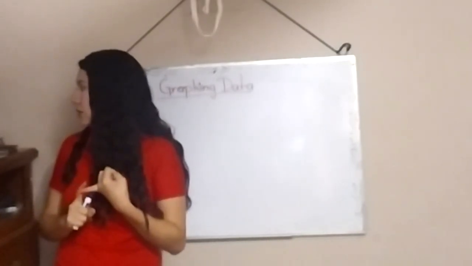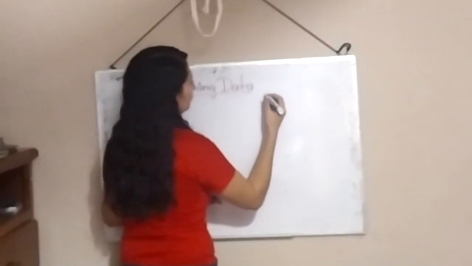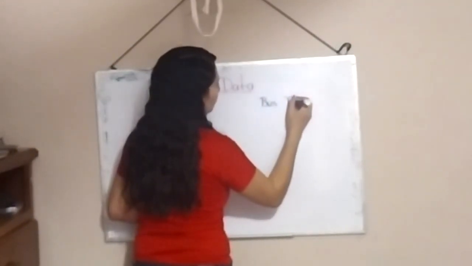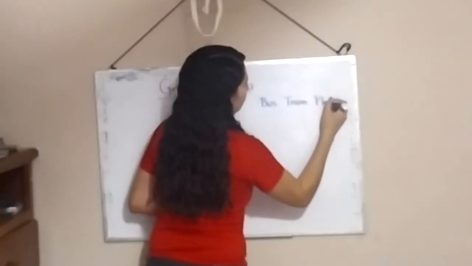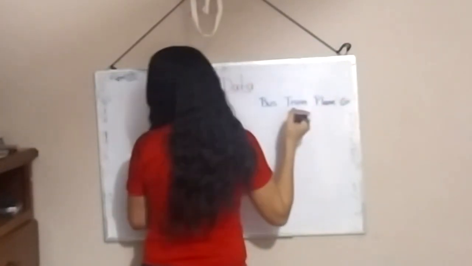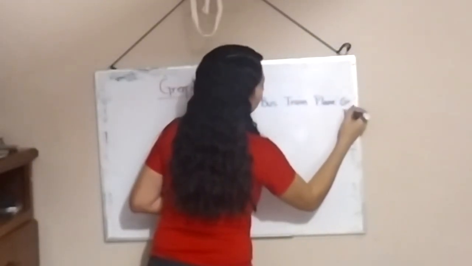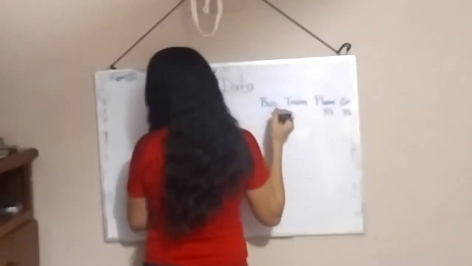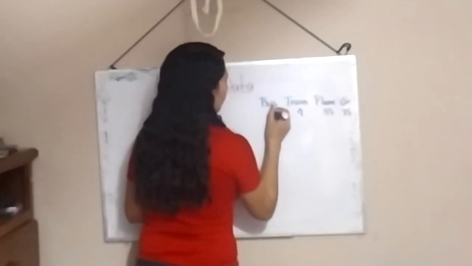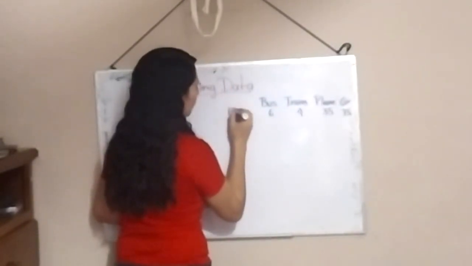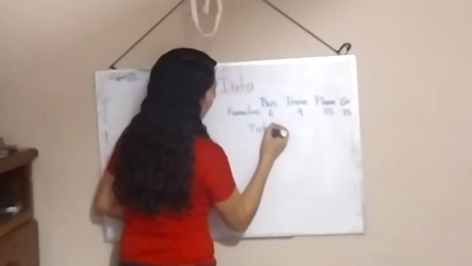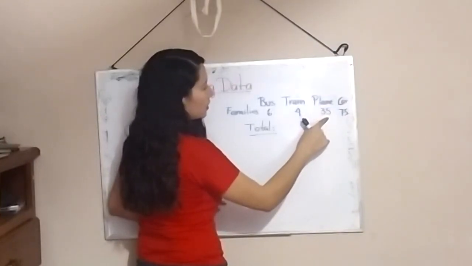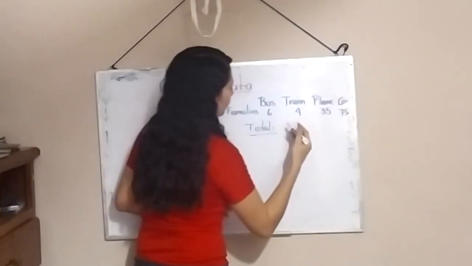We have 6 families that go by bus, 4 that go by train, 35 by plane, and 75 that go by car. 75 plus 35, we have 110, plus 10, we have 120.